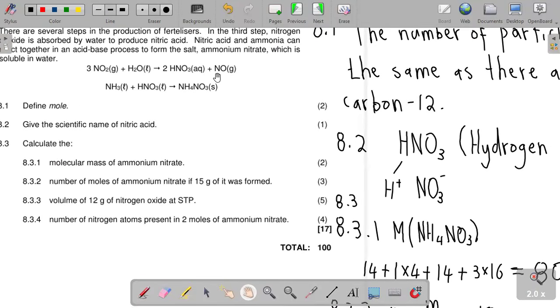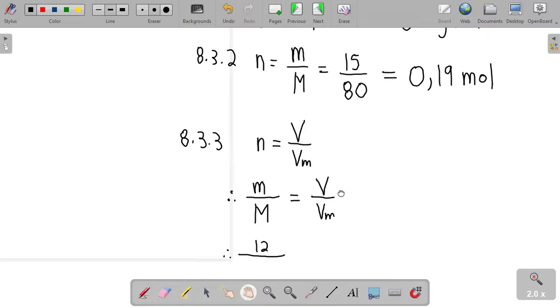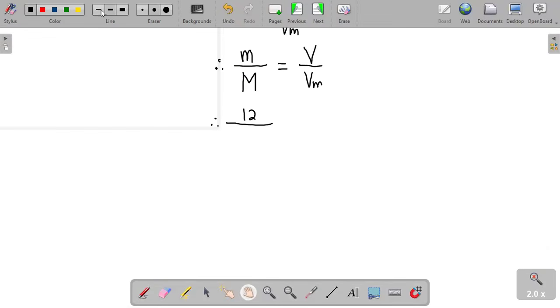Nitrogen oxide is NO. So it's 14 plus 16. Okay. So then we're going to have 12 over 14 plus 16 equals V divided by the constant. This Vm is a constant, it is 22.4.